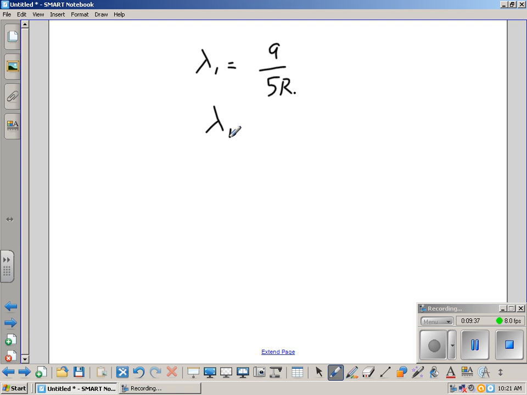How much did you get for the denominator? 9 into 4, 36. So this is not 9, it is 36.